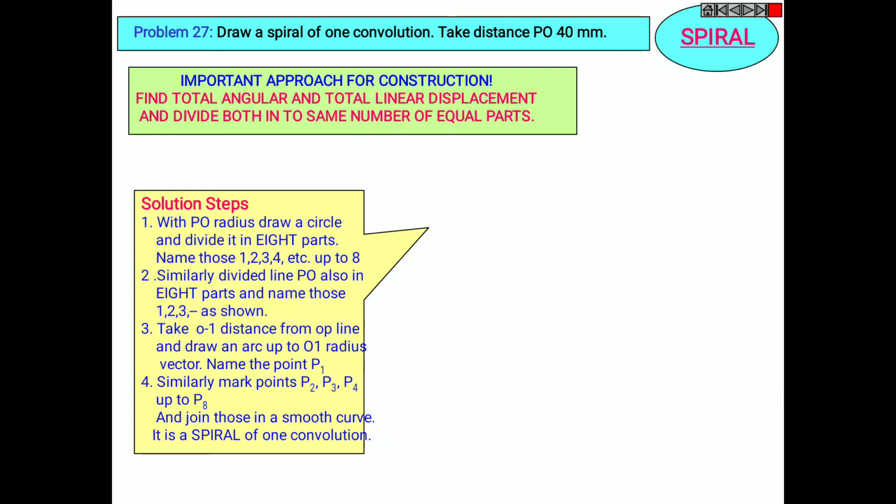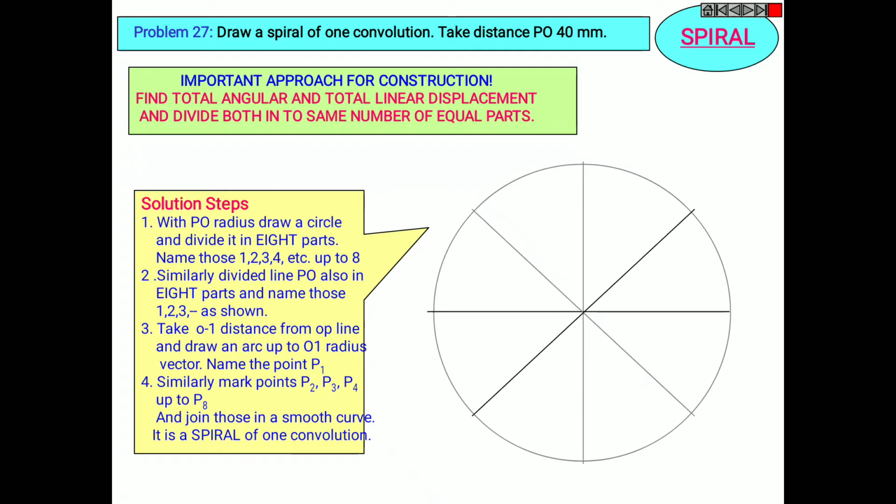Now we will see the construction part. Firstly take a distance of 40 mm and draw a circle. With PO radius draw a circle and divide it into 8 equal parts and name them 1, 2, 3, 4 and so on.